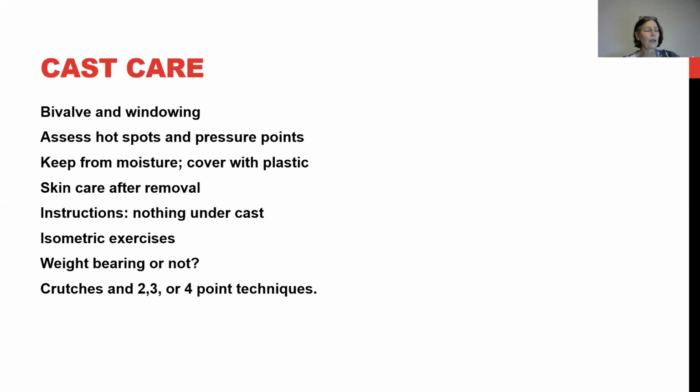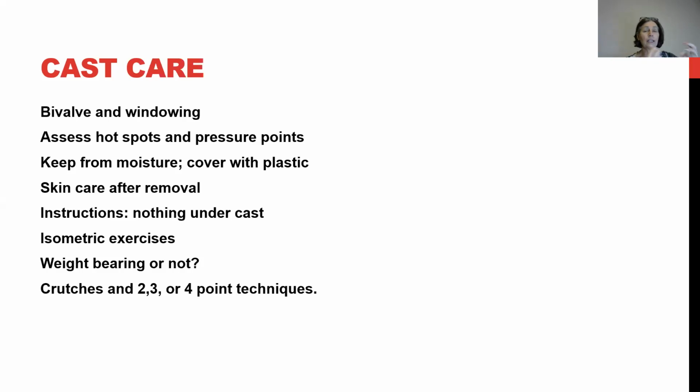We want to teach the patient, and same for us, put nothing under the cast. It's going to get itchy under there. Over the course of the weeks that the cast is on, your skin is constantly sloughing and growing new epidermis, so you're going to get old, yucky, sloughed skin building up under there, and it's going to get itchy. So their temptation is going to be there to stick a pencil under there and scratch, or a fork under there and scratch. So it's important we teach them nothing goes under the skin.